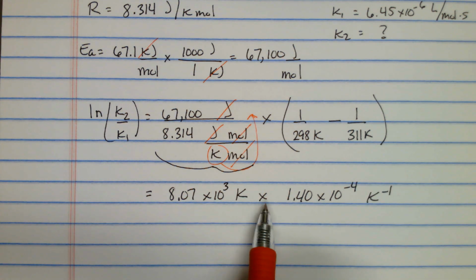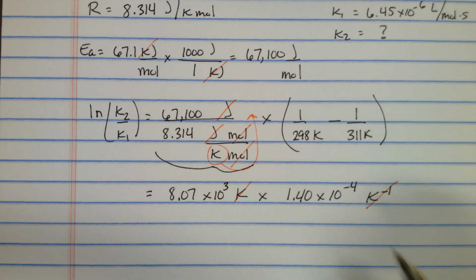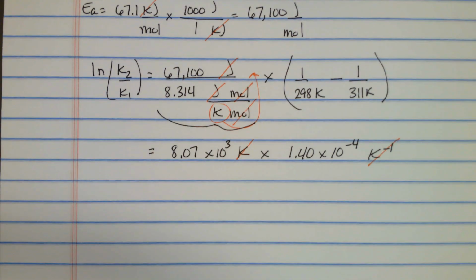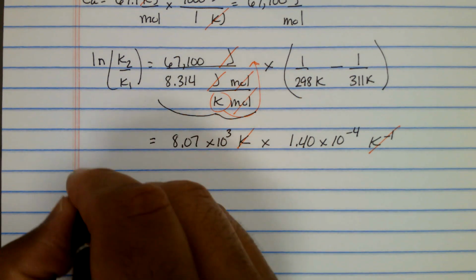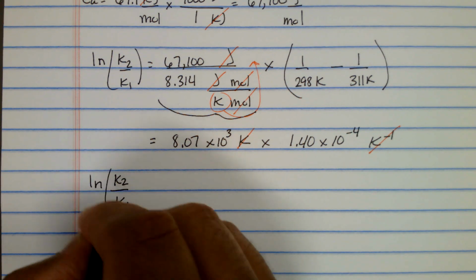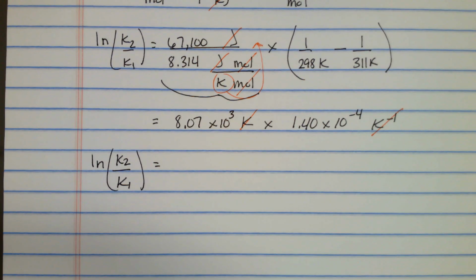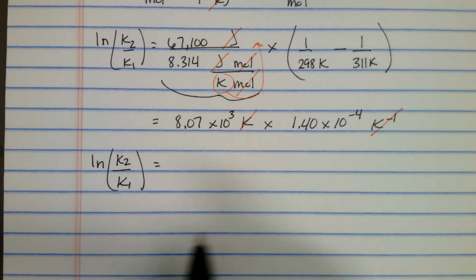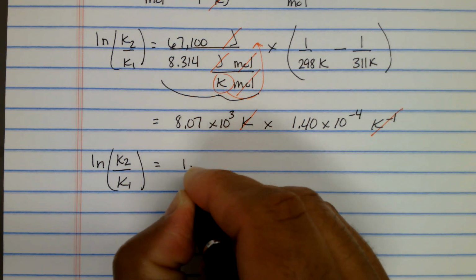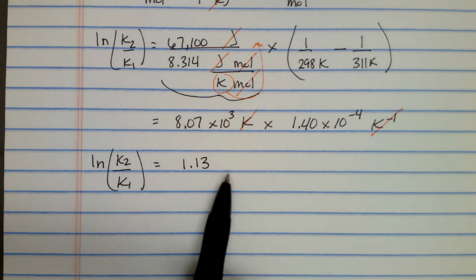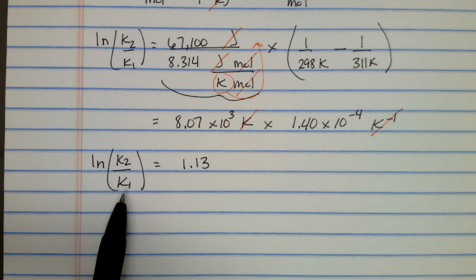And of course, we're multiplying, so this makes sense. These units will cancel. So let's put this together. This term times this term is 1.13. No units. We'll get our units when we get our rate constant here in just a minute.